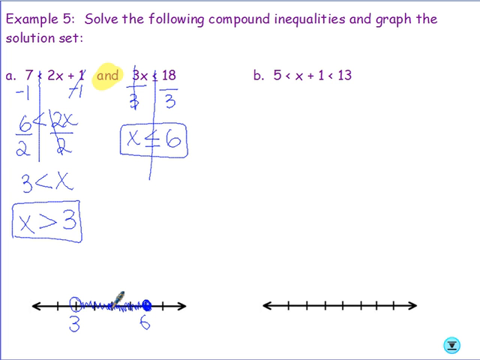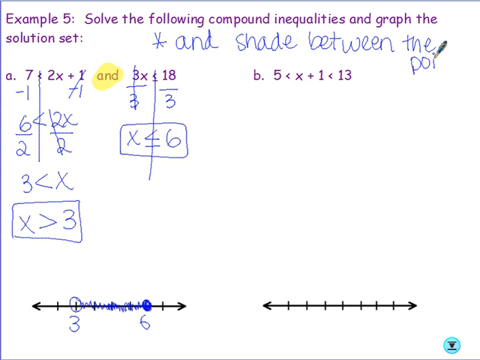So a simple rule that might help you, and we'll jot this down up here. If you see the word and, you're going to shade between the points. If you see the word and, you will end up shading the middle.